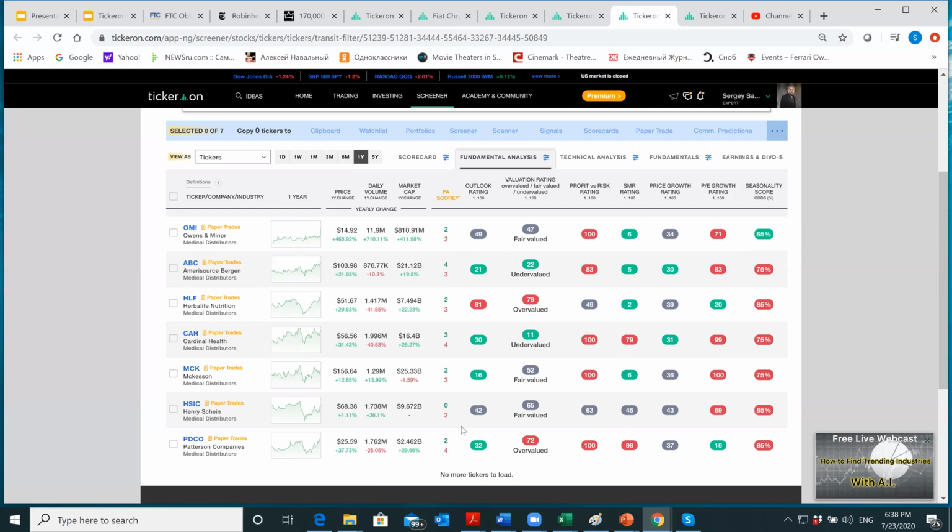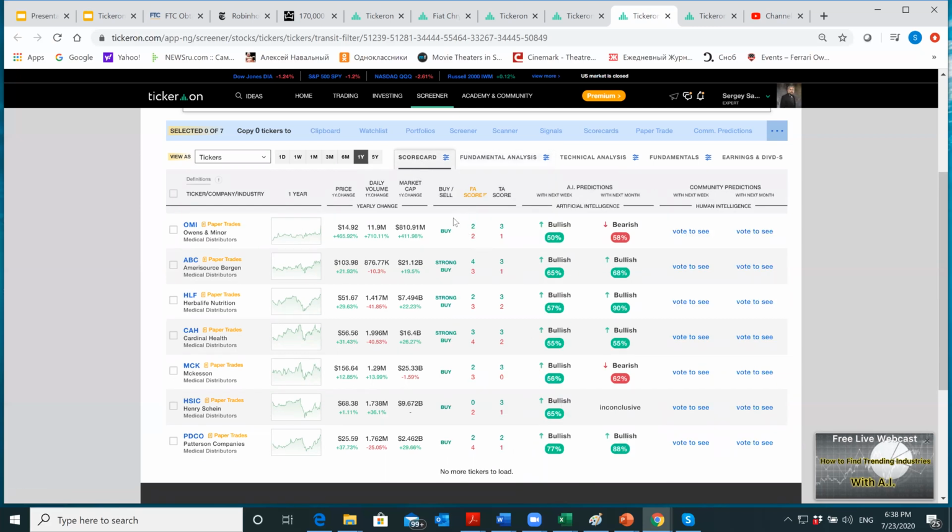Then, when you look at this picture overall, you can look at their scorecards. As you can see, this is a fundamental analysis score, the TA score, and then these are the AI calculations, short term for a week, for a month.